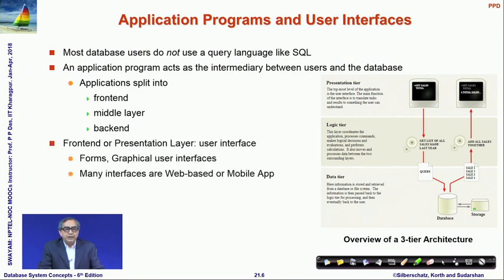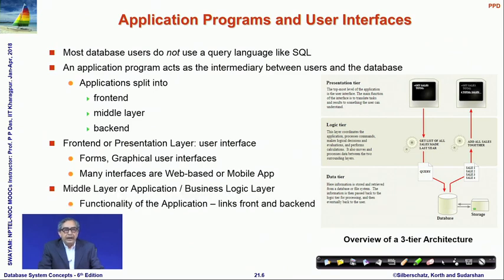The front end is the user interface, also called the presentation layer. It is the part of the application with forms, GUIs and different ways to input as well as get output of the data, directly interacting with the user.